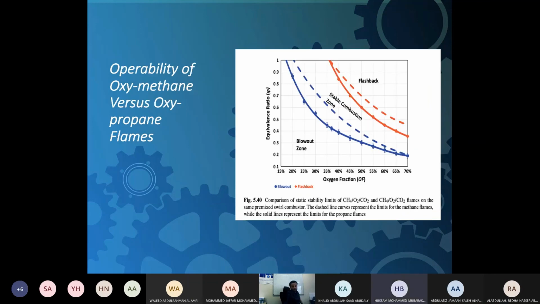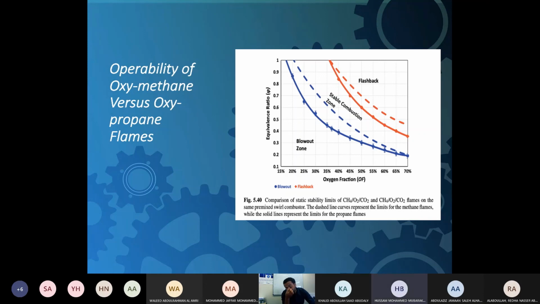This figure compares the operability of oxy-methane versus oxy-propane flames. The dashed line curve represents the limit for the methane flame, while the solid lines represent the limit for the propane flames.